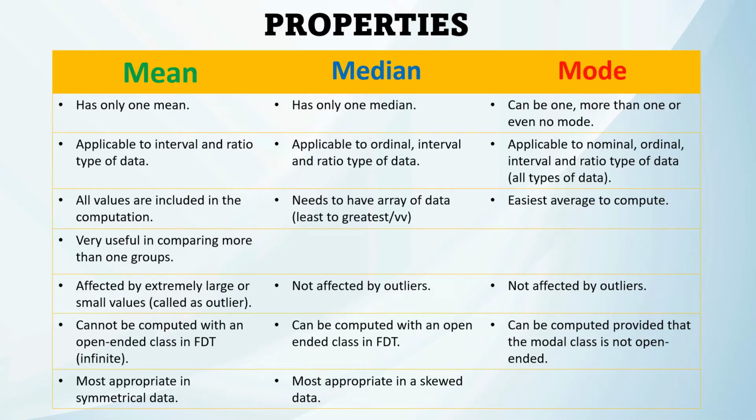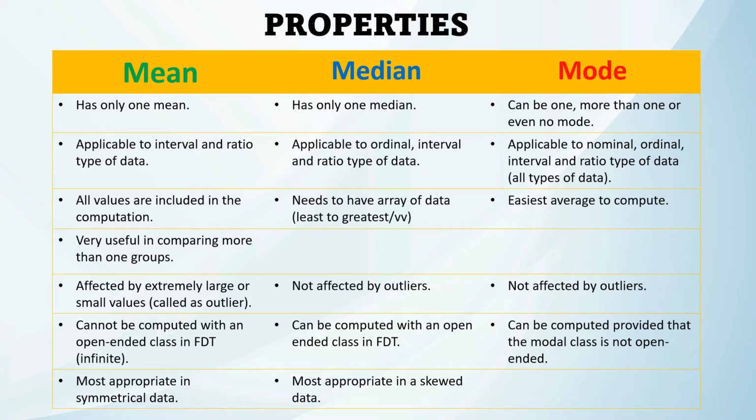So let's have the different properties of these three measures of central tendency. So let's have the first column for the properties of the mean, second column for the properties of the median, and third column for the properties of the mode.